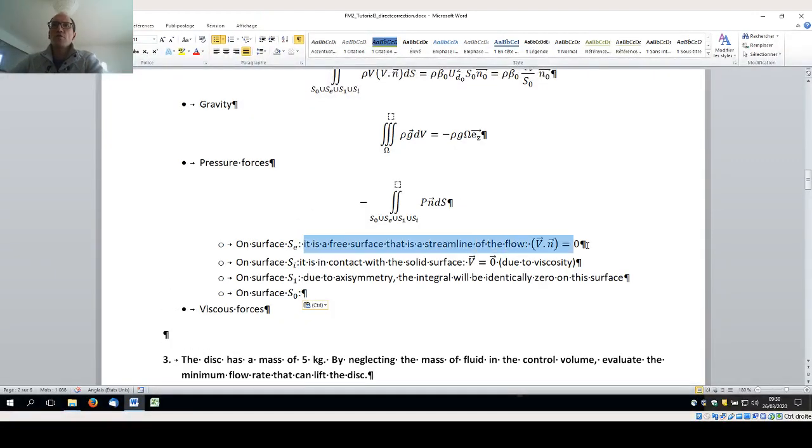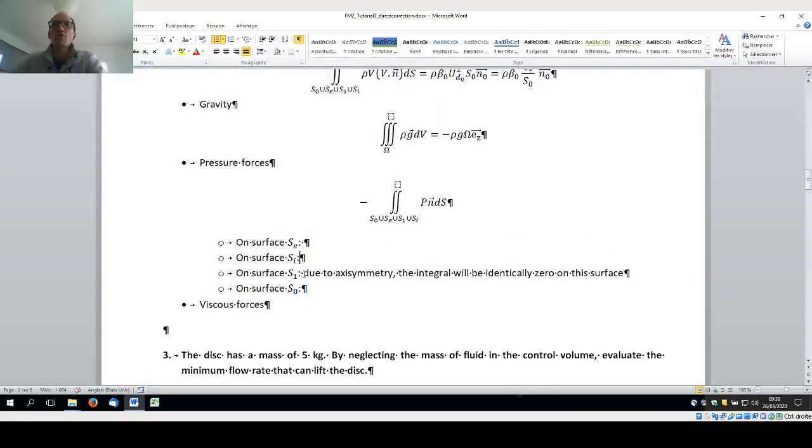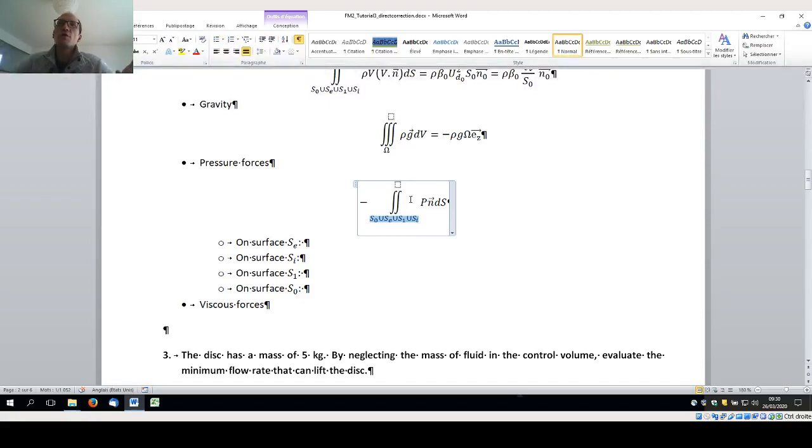You take each surface and you look at what you know about pressure on all those surfaces. You see here you have 4 surfaces, you just look at whether you know something about pressure on each of the surfaces.